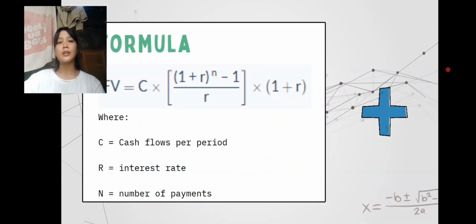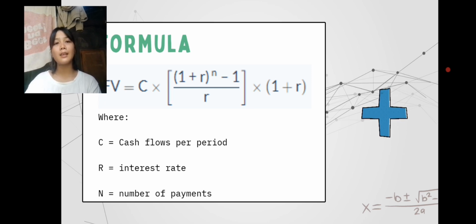When it comes to calculating the future value of annuity due, we need to follow the formula wherein FV, or the future value, is equal to C, where C stands for our cash flows per period, multiplied by 1 plus r, where r is the interest rate, with the power of n, where n represents the number of payments, minus 1, over r, the interest rate.